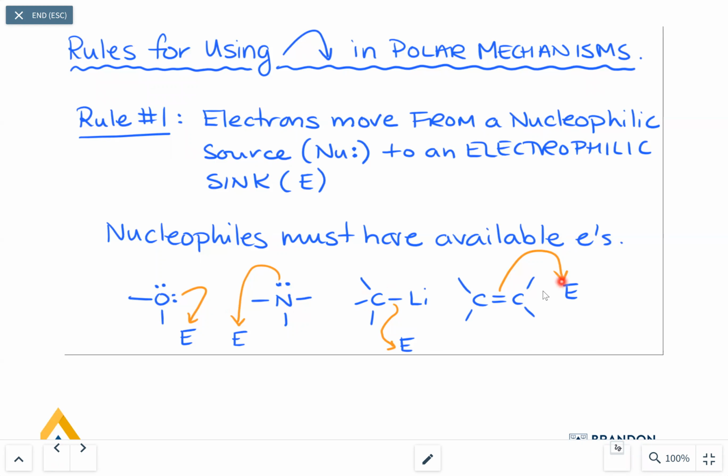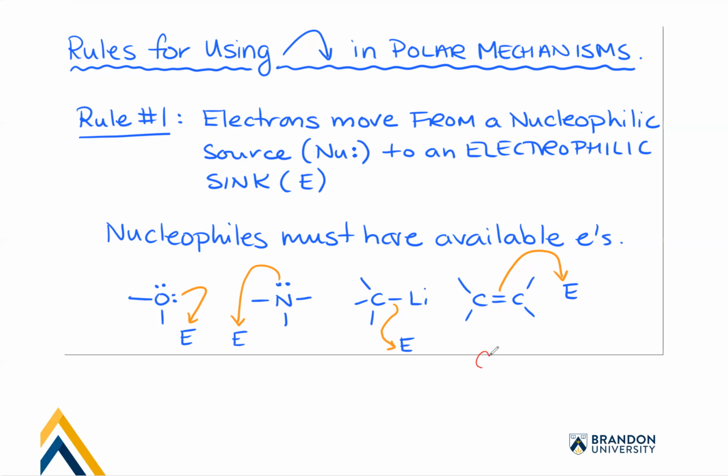And then some of the things that we've seen, which is new, I suppose, are double bonds and triple bonds, alkenes and alkynes.